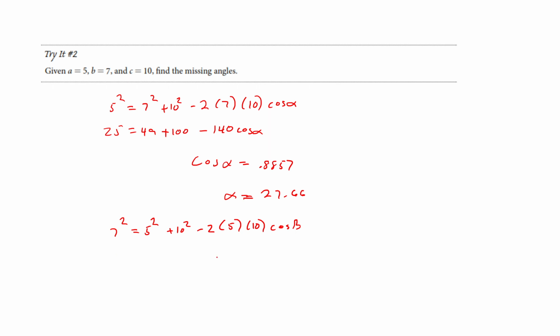Okay, so I get cosine of beta is 0.76. Inversing this will give me a unique answer of 40.53. All right, I've got two of the three angles in a triangle, which means I know the third as well, because all I have to do is add them up, take them away from 180, and I have the third angle.